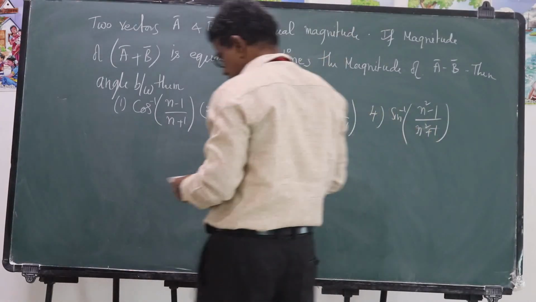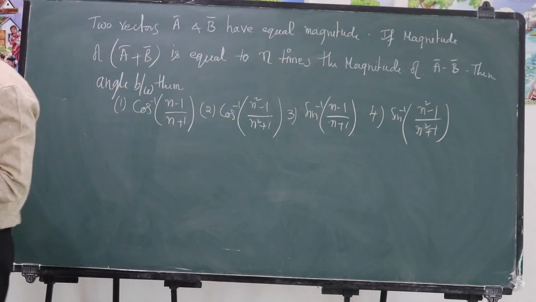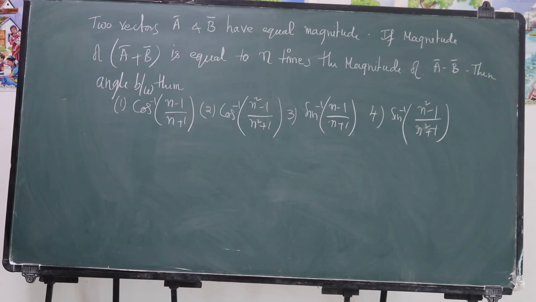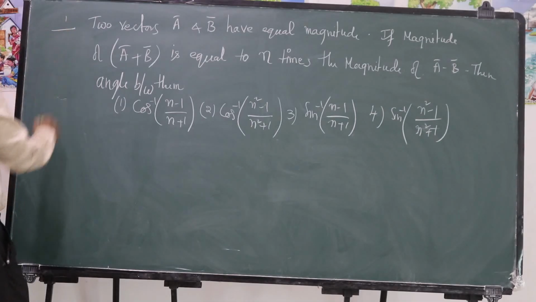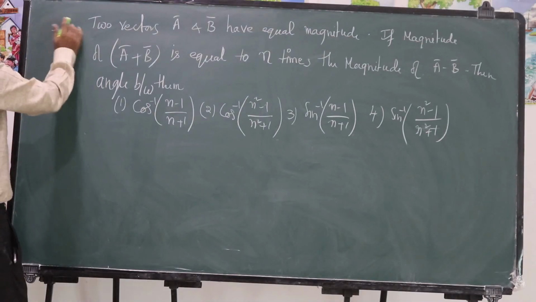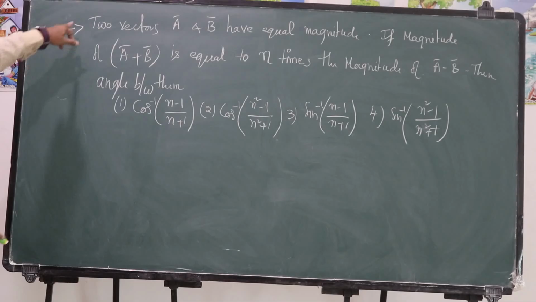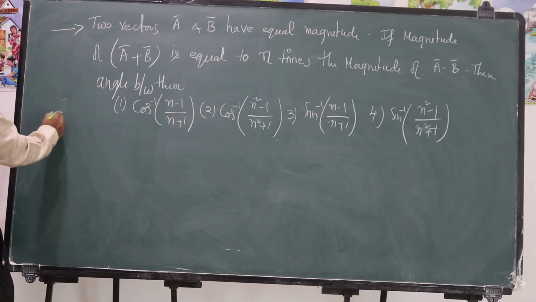So these are the options you have. Okay, how can you solve this problem? See, this is the last problem. Two vectors A and B have equal magnitudes. That is the solution.